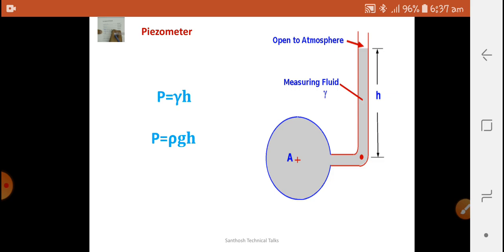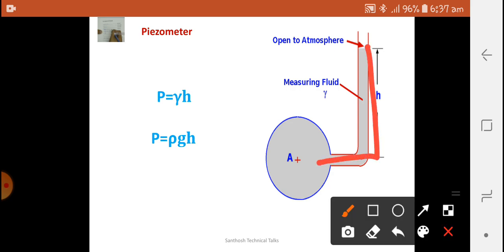Okay, so the piezometer is the simplest type of pressure measuring device, which is used to measure a very small pressure. Here one end of the piezometer is connected to the pipe where the pressure has to be measured, and the other end is open to the atmosphere.